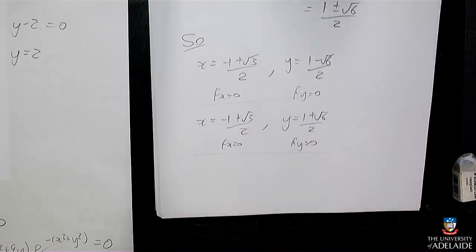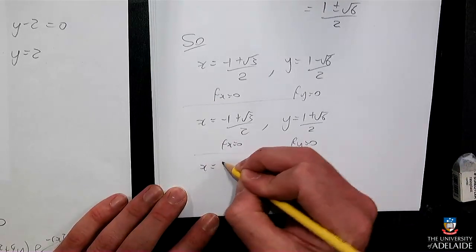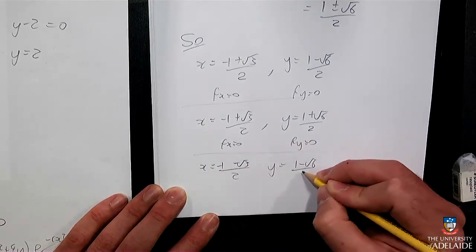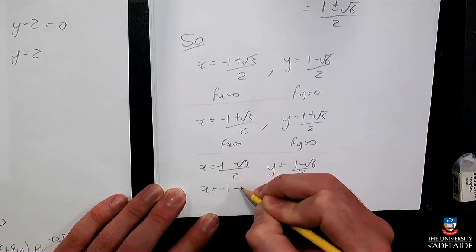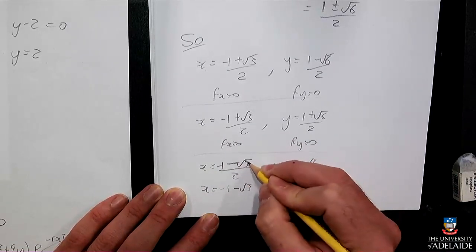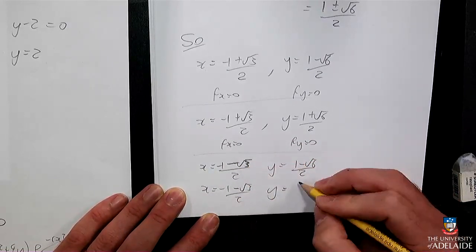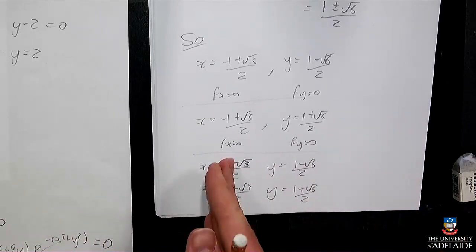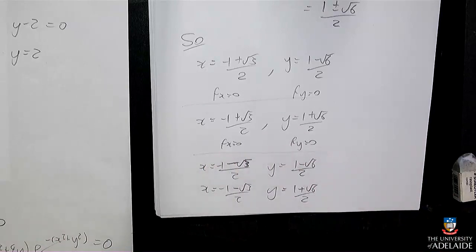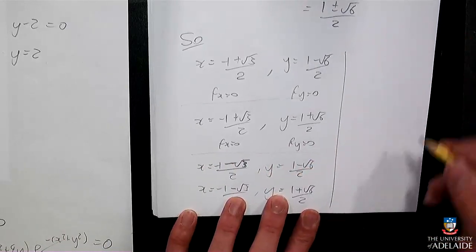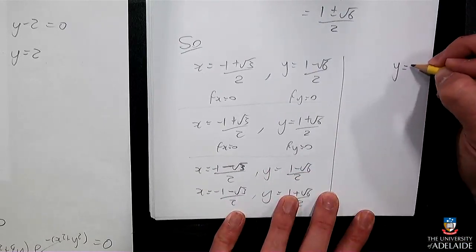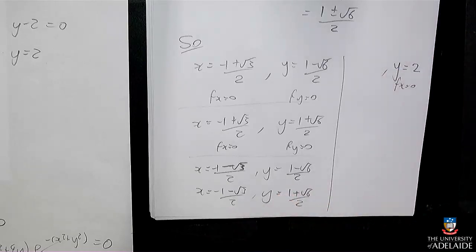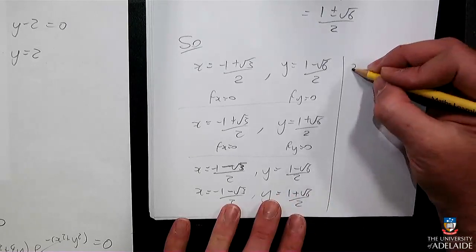Okay. Or I could choose the other option for this. So this makes the f sub x equal 0, this makes the f sub y equal 0. Or I could choose y to be 2, which makes the f sub x equal to 0, and pick an x that makes the f sub y equal 0, which would be x equals minus 1.